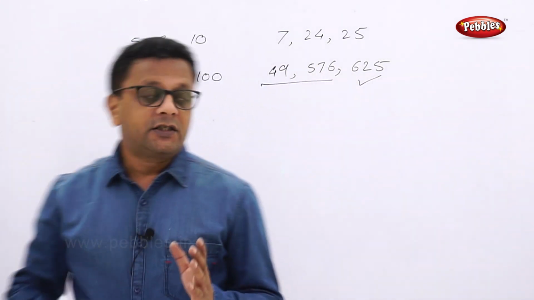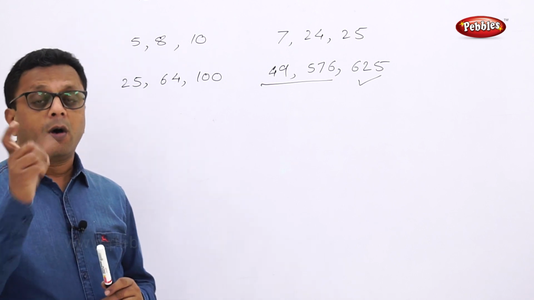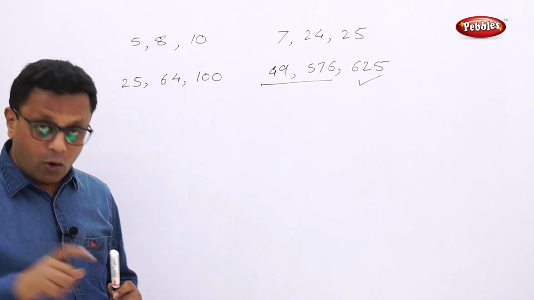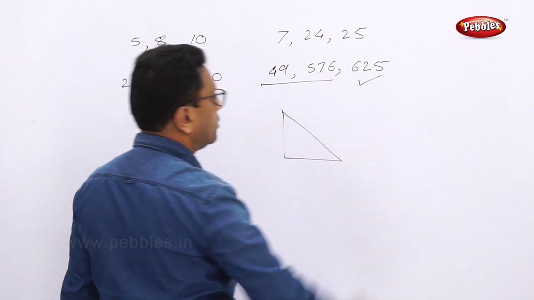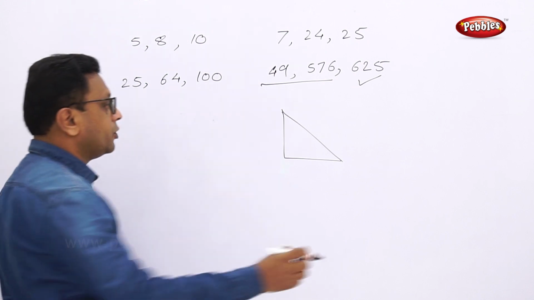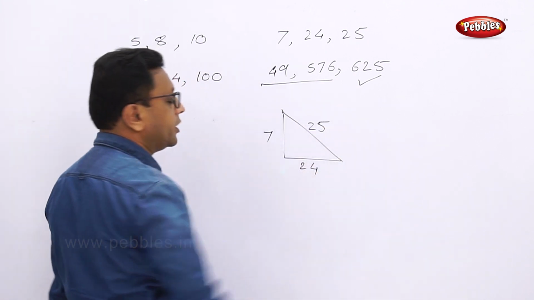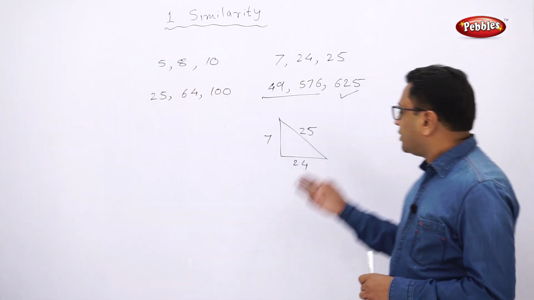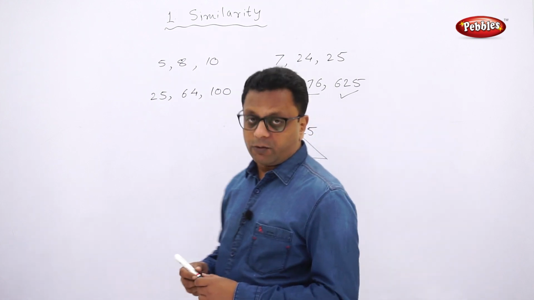Now suppose such a problem comes, then what you have to do? You have to draw a rough triangle and show which side is the hypotenuse. So here 25 is the hypotenuse and 7 and 24 you can write like this. Okay. So examples are very simple, even on the converse of the Pythagoras theorem.